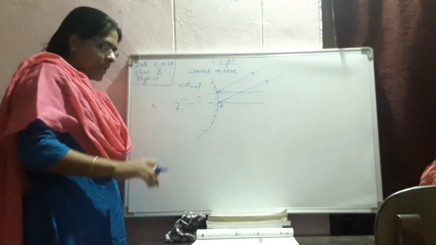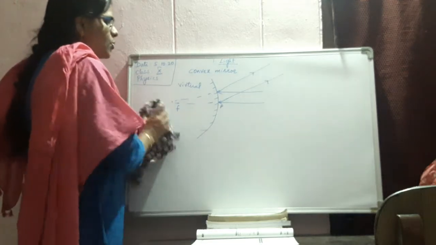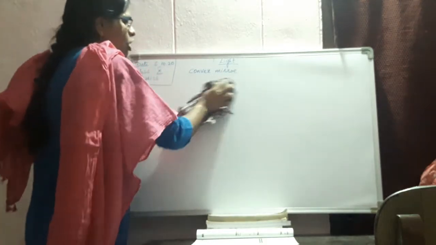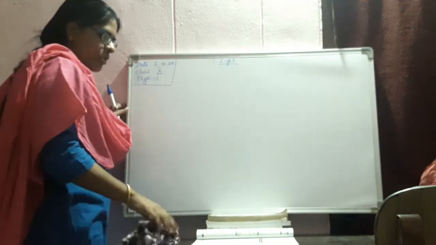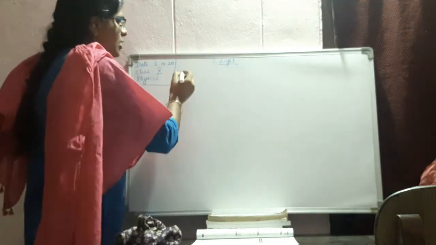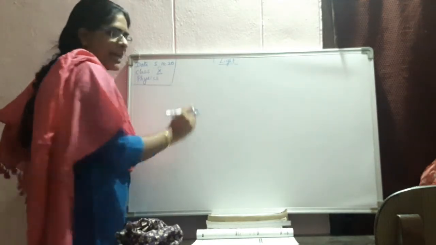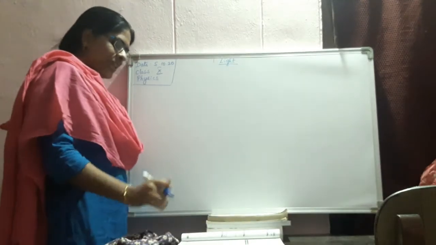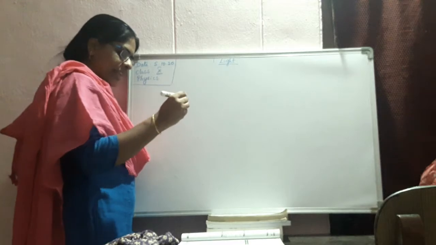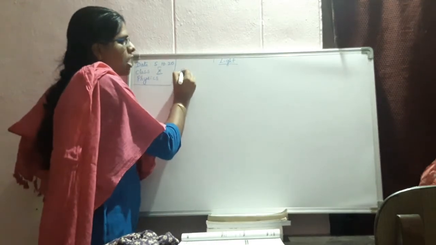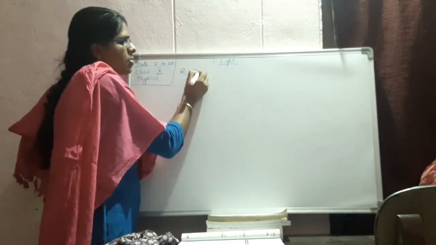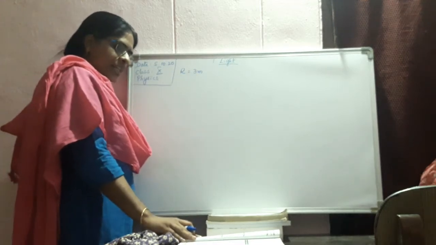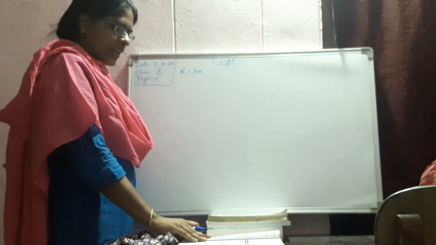Okay. Now, based on this, let us take one problem based on the convex mirror. In your textbook there is a problem at the back of the chapter. A convex mirror with a radius of curvature R given as 3 meters is used as a rear view mirror for a vehicle.